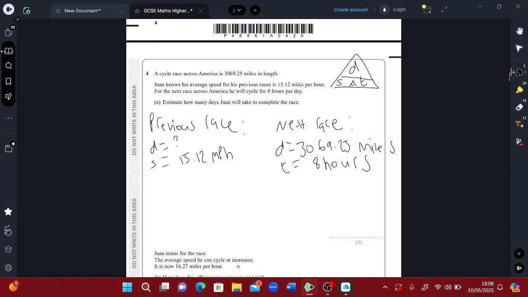Actually, I don't think you need to bother with it. I think you assume here his speed will be the same, that he'll keep the same pace. So that'll be 15.12 for his speed. Hang on.